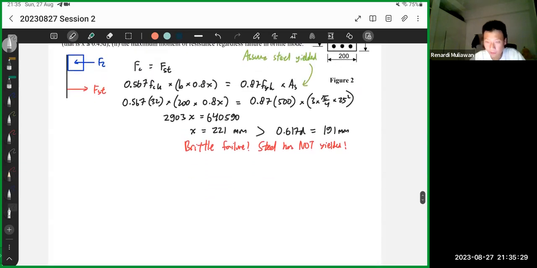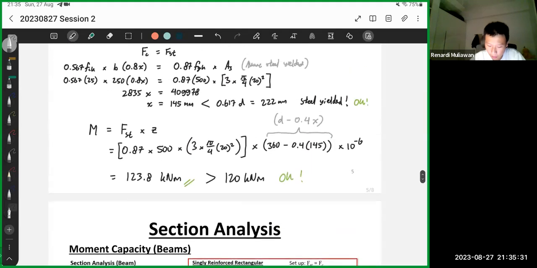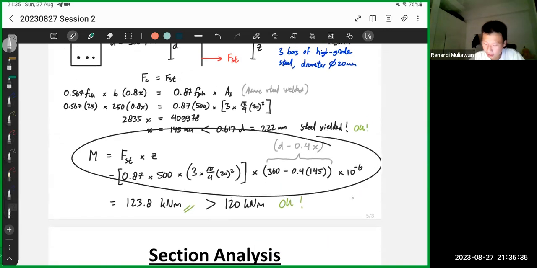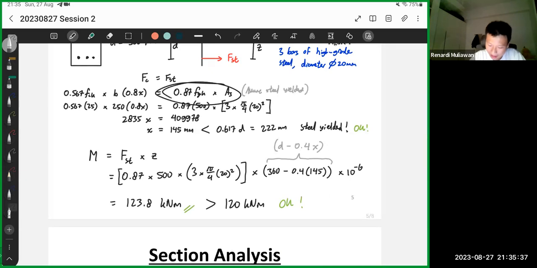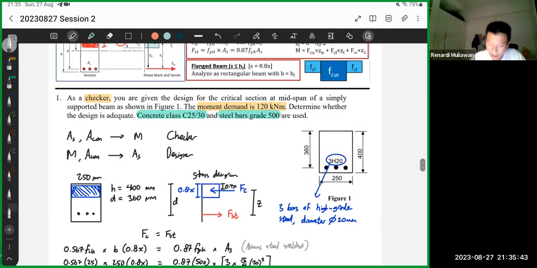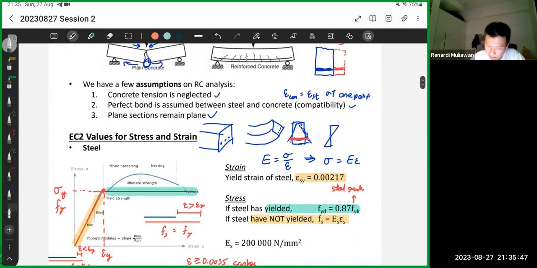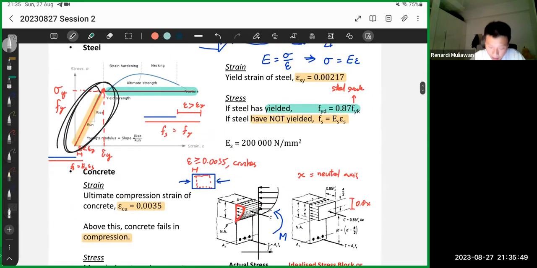So first of all, of course, we cannot just simply do this. Why? Because, again, 0.87 FYK is only if the steel has yielded. If it has not yielded, again, let's go back to the first line. If the steel has not yielded, the strength is just the Young's modulus multiplied by strain.